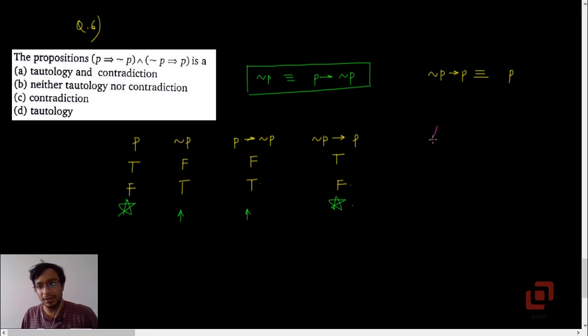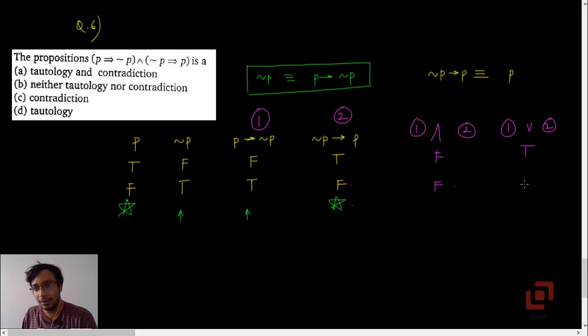When you take the conjunction of these two propositions, which are essentially negations of each other, you are going to get false. And when you take the disjunction, then it is going to be true. So the given proposition is a contradiction.